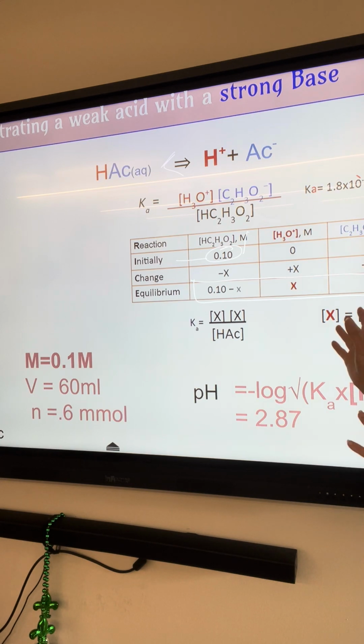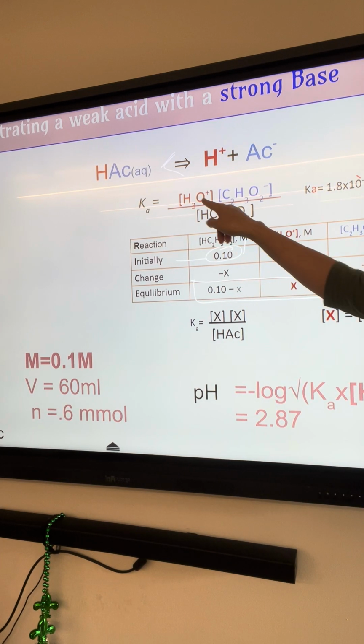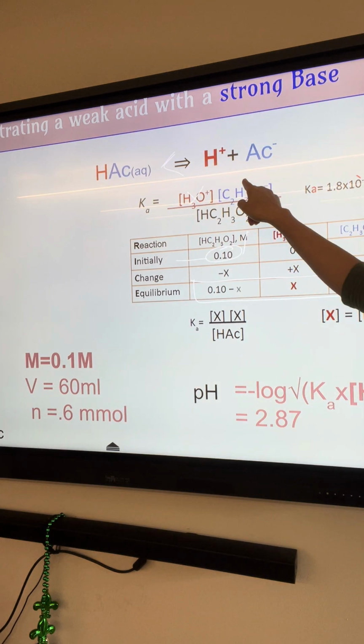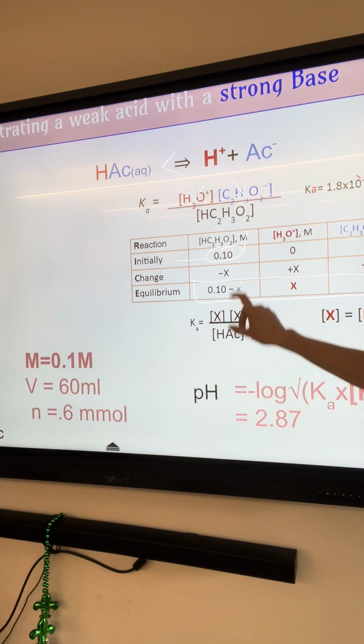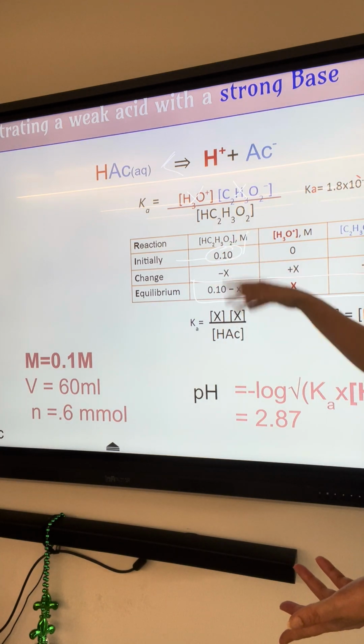So if I replace this into my Ka expression, the concentration of the H3O is X. The concentration of my acetate is X again, right? So X and X. The concentration of my whole acid is in the bottom, that is HAc, written differently.